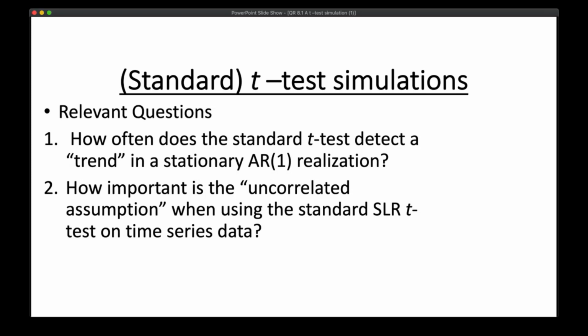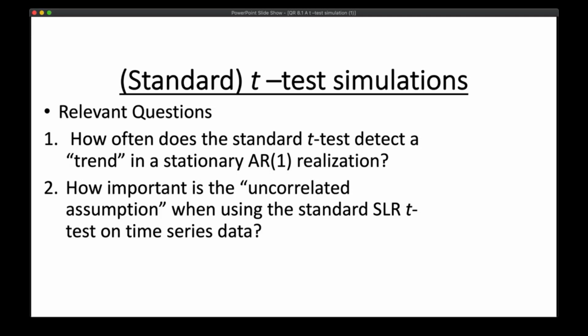What would happen if you used the standard t-test to tell whether or not there's a linear trend in a time series realization? Now, this time series realization is going to actually be a stationary AR1 realization. And remember, a stationary realization by definition means that there's a constant mean.